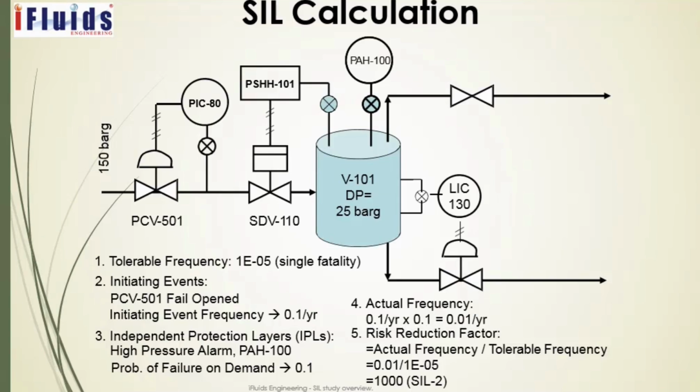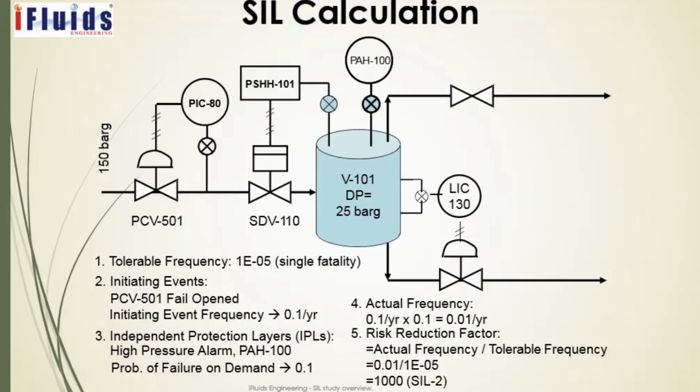That is one of the IPL. High pressure alarm. That is one of the IPL. And probability of failure on demand is 0.1. So the actual frequency will be 0.1 per year into 0.1. Okay. That is initiating event into IPL. So that will become 0.01 per year. Okay, 1 in 10 years.